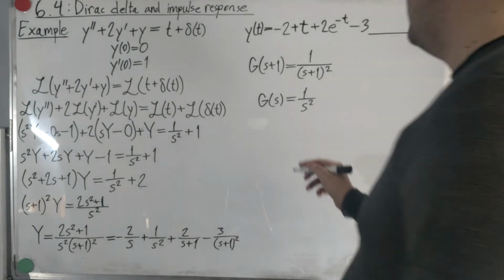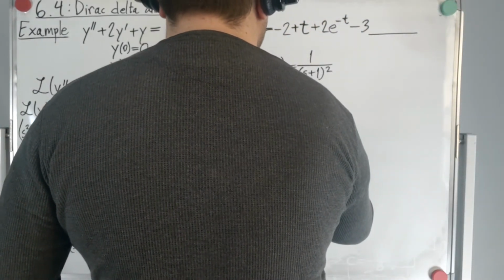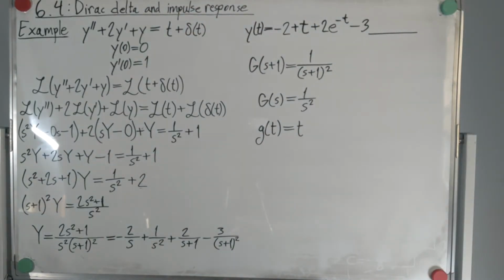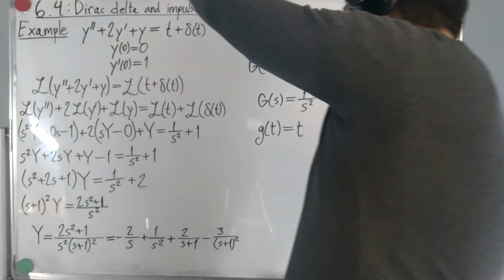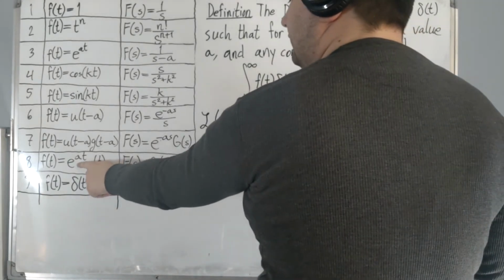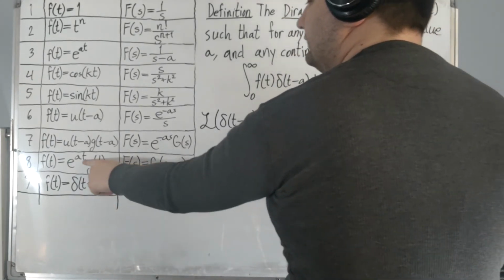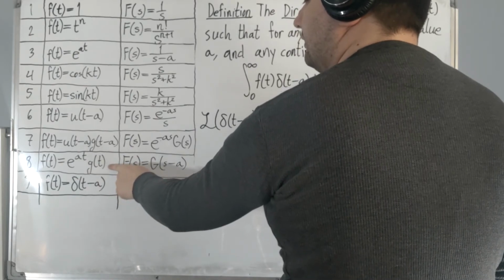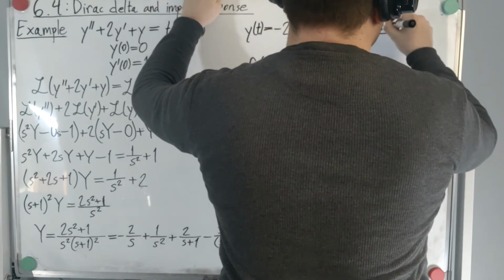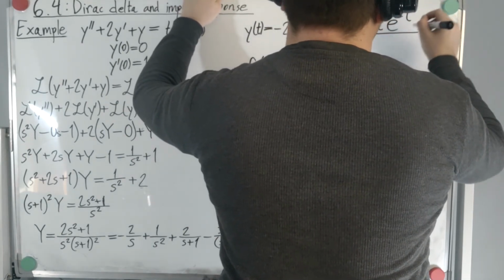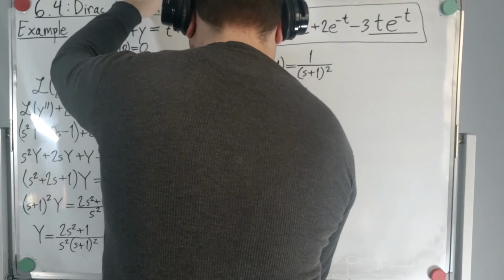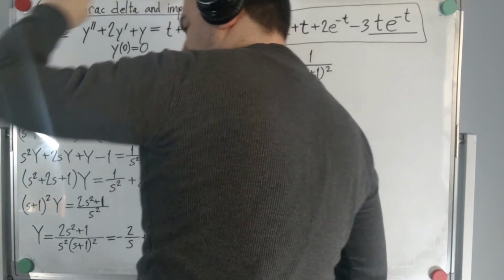We know the inverse Laplace transform of that. That is just t. So now we apply Rule 8 of this table. We're going to get e to the negative 1 t times g of t, which is t. So t e to the negative t. And that is our solution.